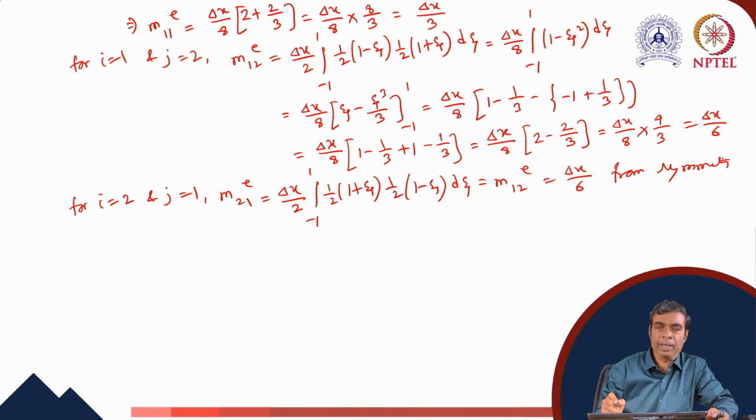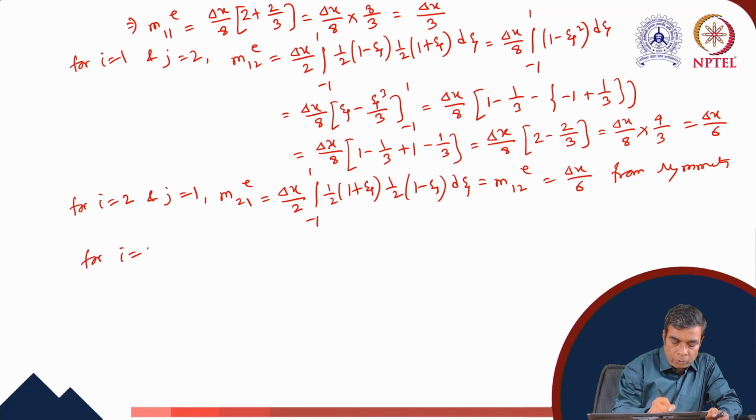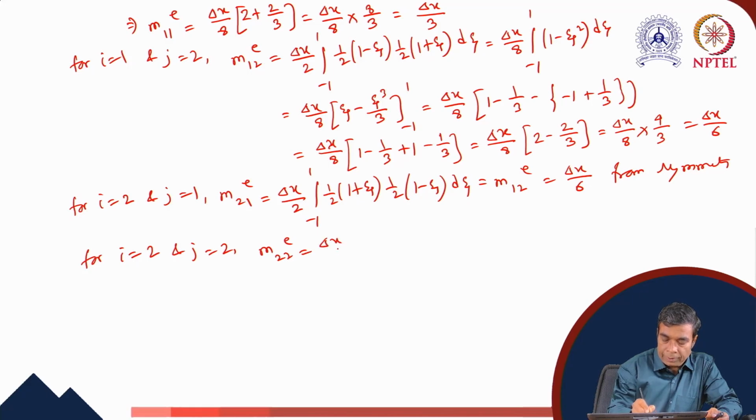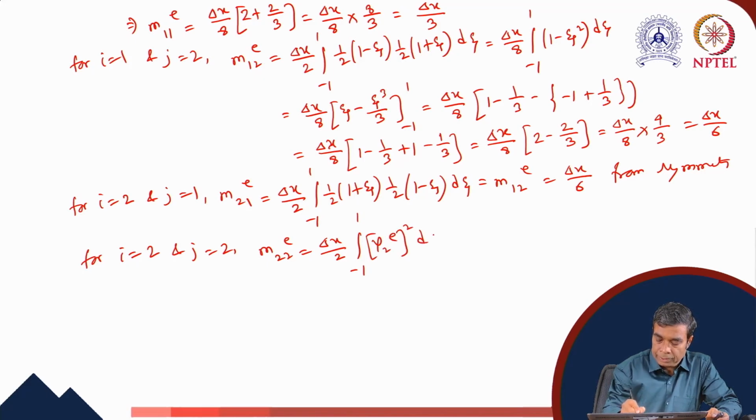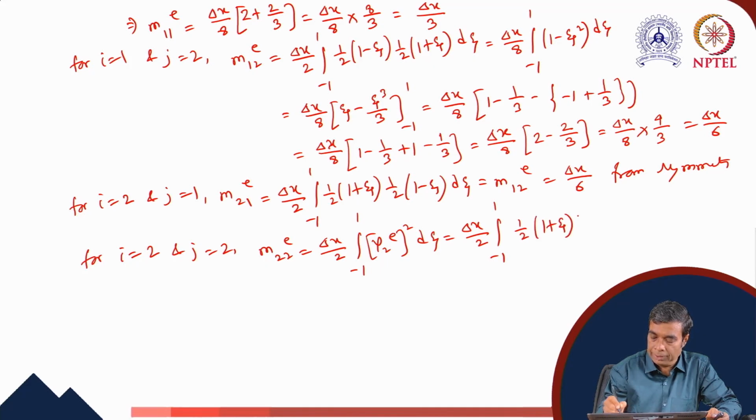Now we are left with the second diagonal term. For i equals 2 and j equals 2, we have M22e equals delta x by 2 integration minus 1 to 1 psi 2e whole square d xi, equals delta x by 2 integration minus 1 to 1 half of 1 plus xi whole square d xi.